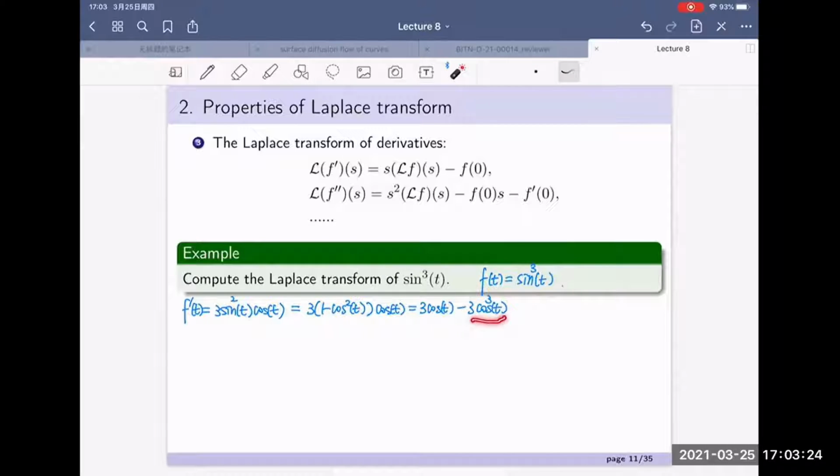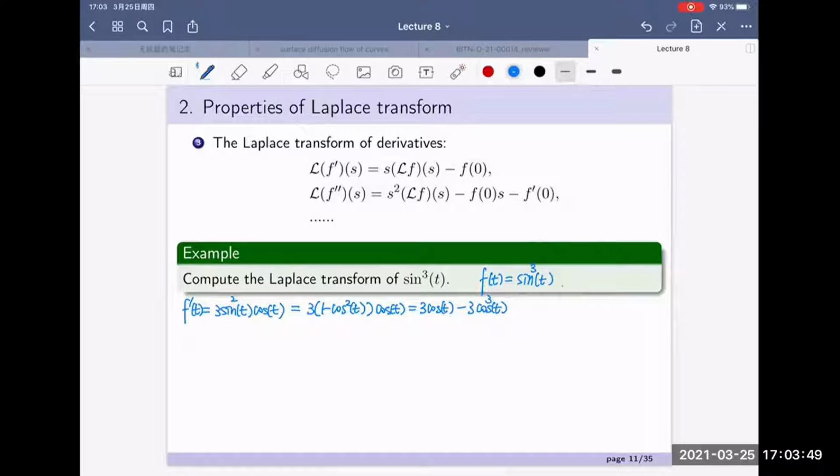This term doesn't appear on the table, but it gives you some insight: if you take the derivative of sine to power 3, you get a cosine function to power 3. Because sine and cosine are similar, this indicates that if you take one more derivative, you get sine to power 3 again.